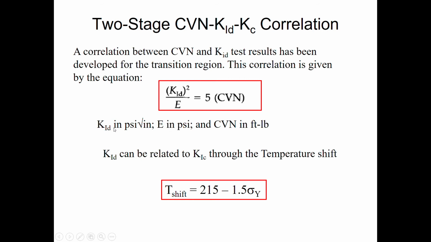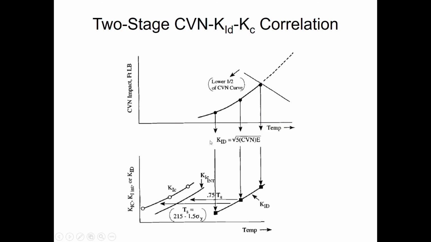In this unit, E is in PSI and CVN is in foot-pounds. So K1D can be related to K1C through the temperature shift. In this case, if I know your sigma yield, then I can check for E.